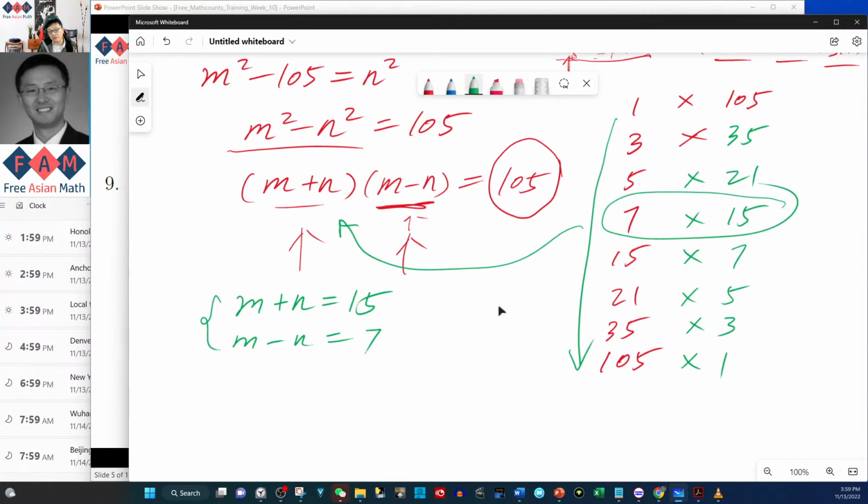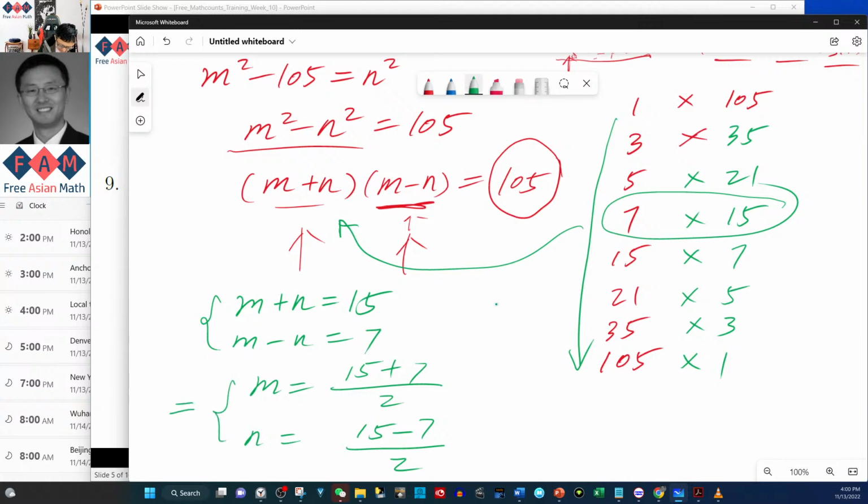We know the sum of 2 integers, we know the difference of 2 integers, so m is just the average of the 2 numbers, and n is just the difference between the 2 values divided by 2. This is fundamental algebra. Everybody should be able to compute this super fast. You must understand why we are doing this, right?